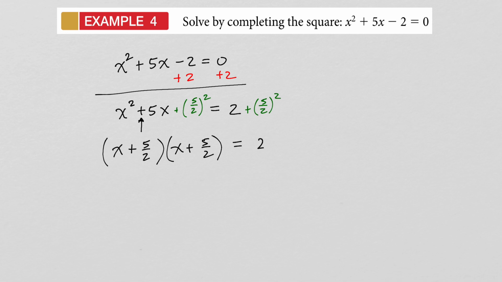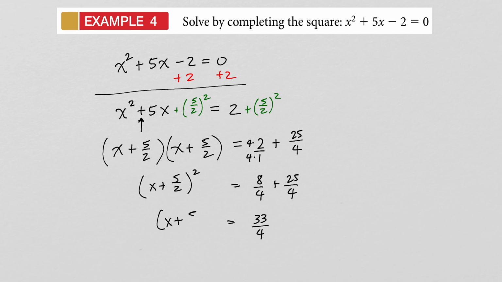On the other side, we have 2 plus, and then I'm going to actually multiply it out on the other side and say 25 over 4. And then I'm going to get a common denominator, which is 4. And that is going to be 8 over 4 plus 25 over 4, which is 33 over 4. And on the left-hand side, we have x plus 5 halves multiplied by itself, so x plus 5 halves squared.